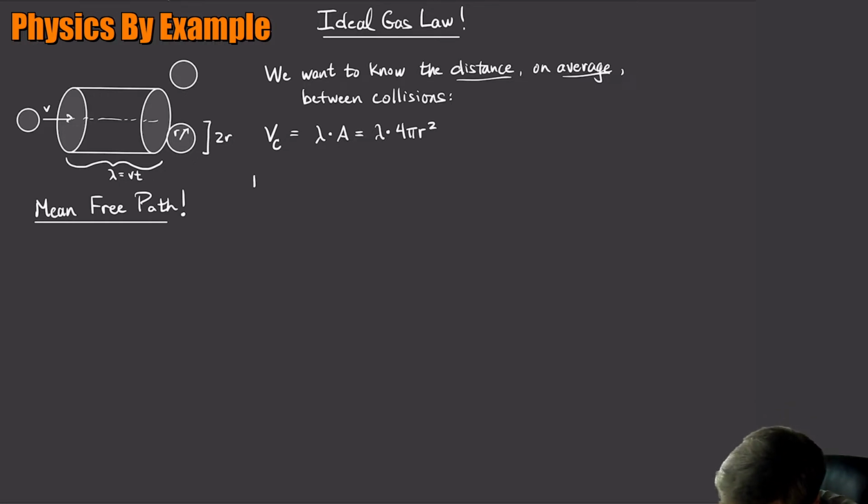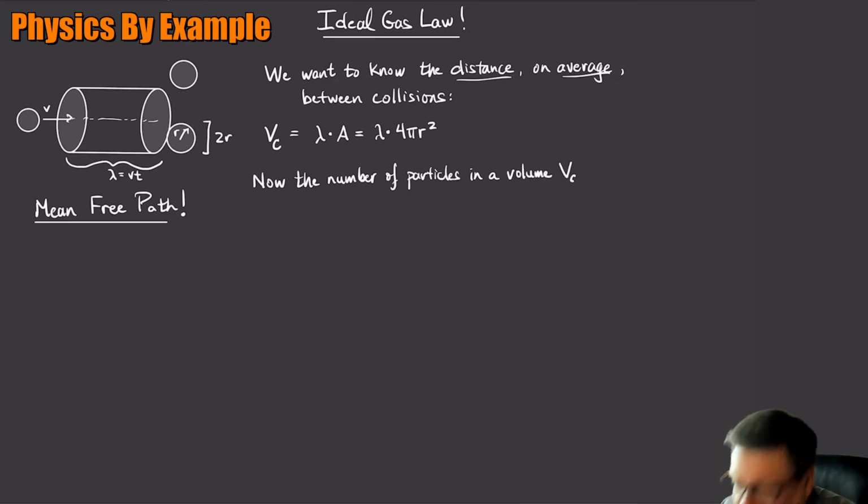Normally, the number of particles in a volume V sub c, what is that going to be? Well, it's just the density of the particles times that volume. That'll give me the number of particles that are in that volume.